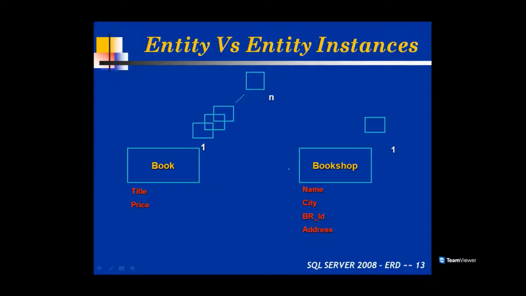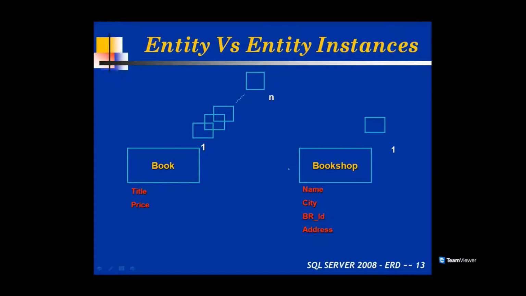Sometimes you may have a single instance. Sometimes you may have multiple instances. For example, how many Microsofts do we have in this world? We have only one Microsoft, but they have multiple branches. How many bookshops do I have? I have only one bookshop, I told you, but I have many branches. So bookshop is a single instance entity.